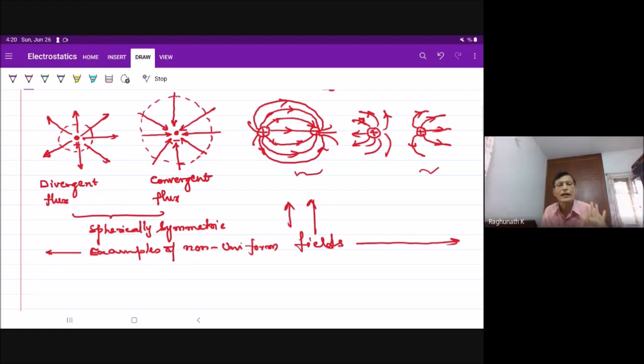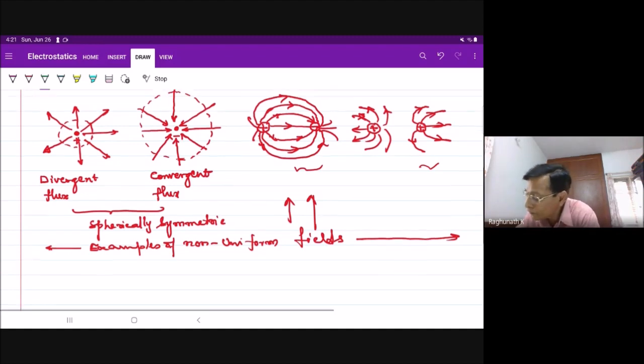But still, in general, they are different. If the field intensity is different in magnitude or different in direction, as a vector, it is different. At any point, the field intensity is proportional to the flux density, flux passing through unit area, I told you. If it is non-uniform, flux density is different at different points.